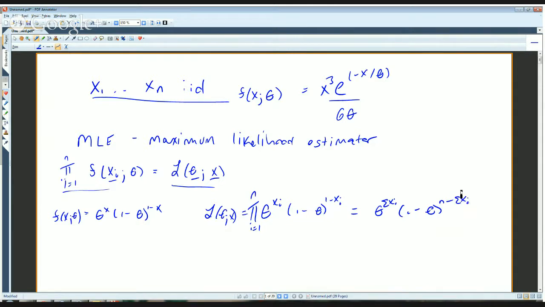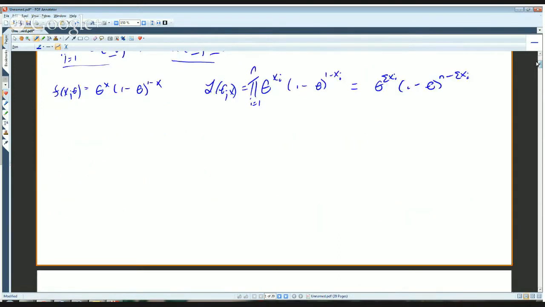Okay, and this likelihood describes, according to the model, the various support for the different values of theta.